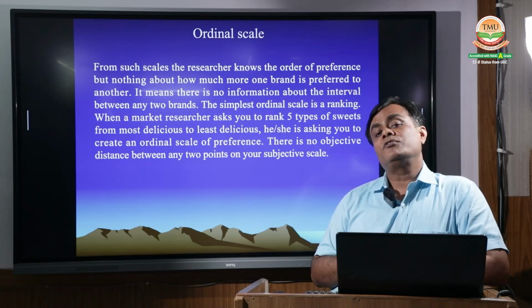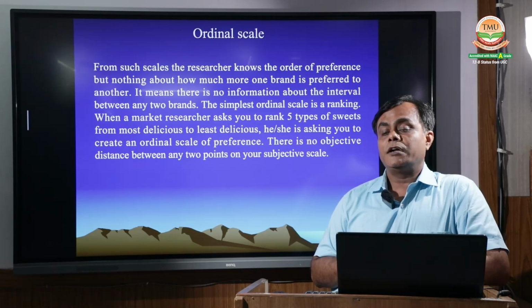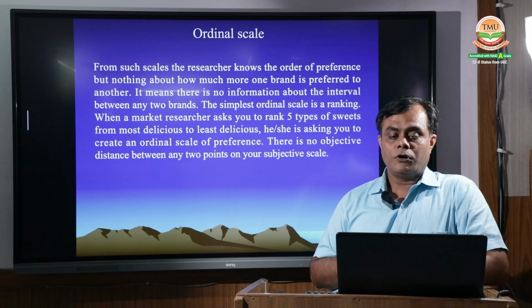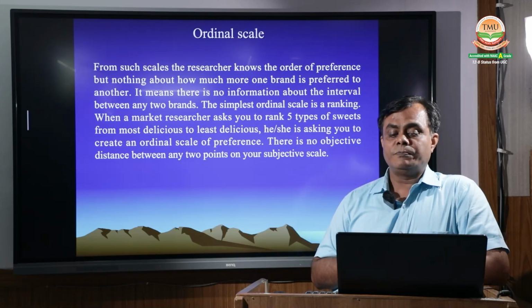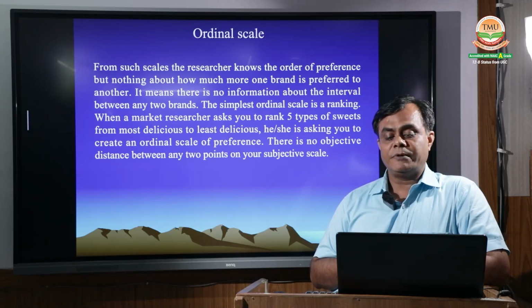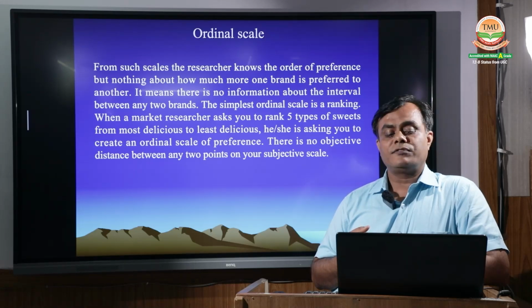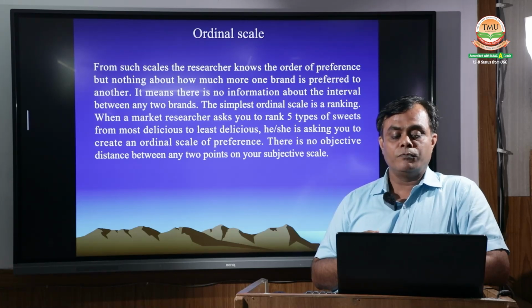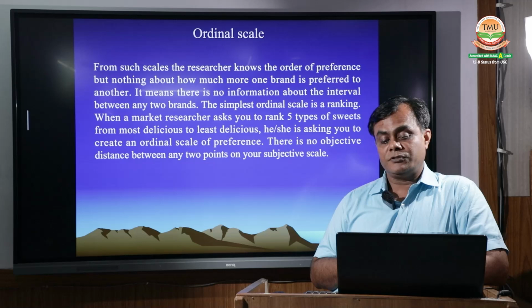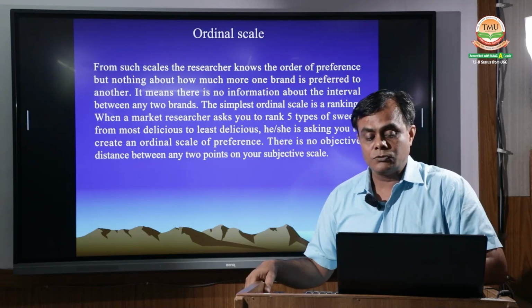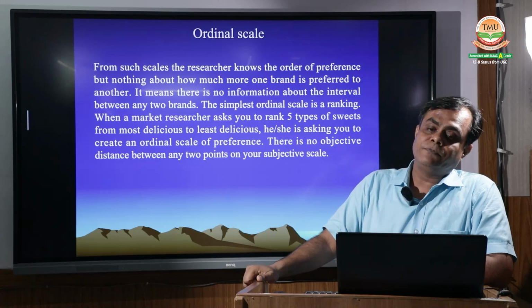So in that situation we use the rank scaling method, and the rank scaling method is a part of the ordinal scale. So simply we are using the 5 rank scale or the 7 rank scale. The simplest ordinal scale is ranking, when the market researcher asks you to rank 5 types of sweets from most delicious to least delicious. How would you list and rank those 5 types of food?